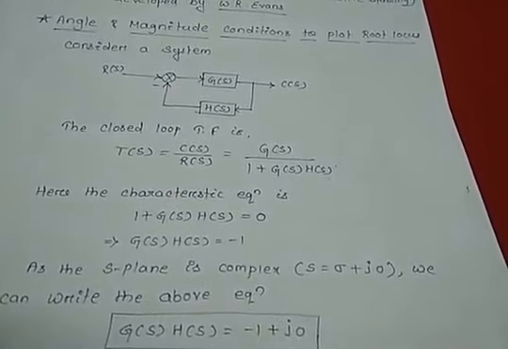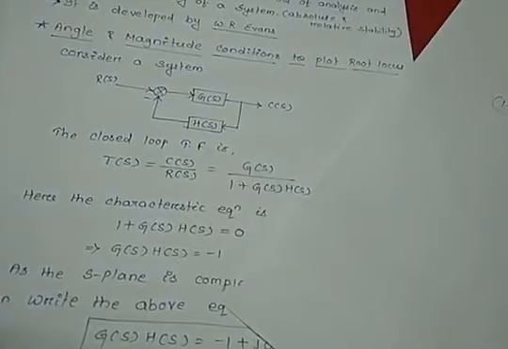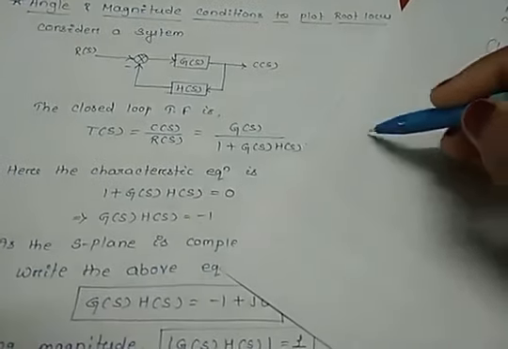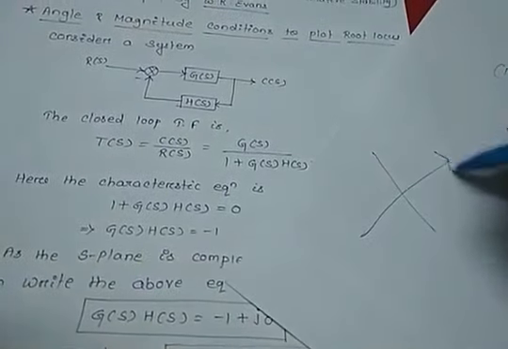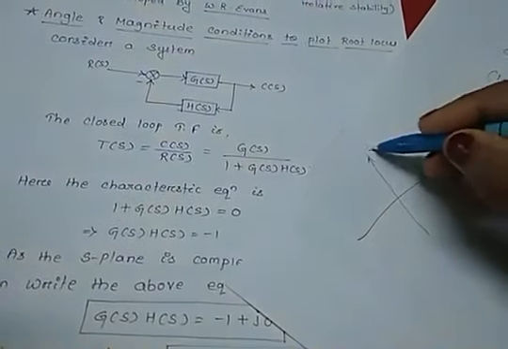As the root locus plot is drawn in the s plane, that is the complex plane, the x-axis is represented as sigma, that is the real axis, and the y-axis, the imaginary axis, is represented by j omega.